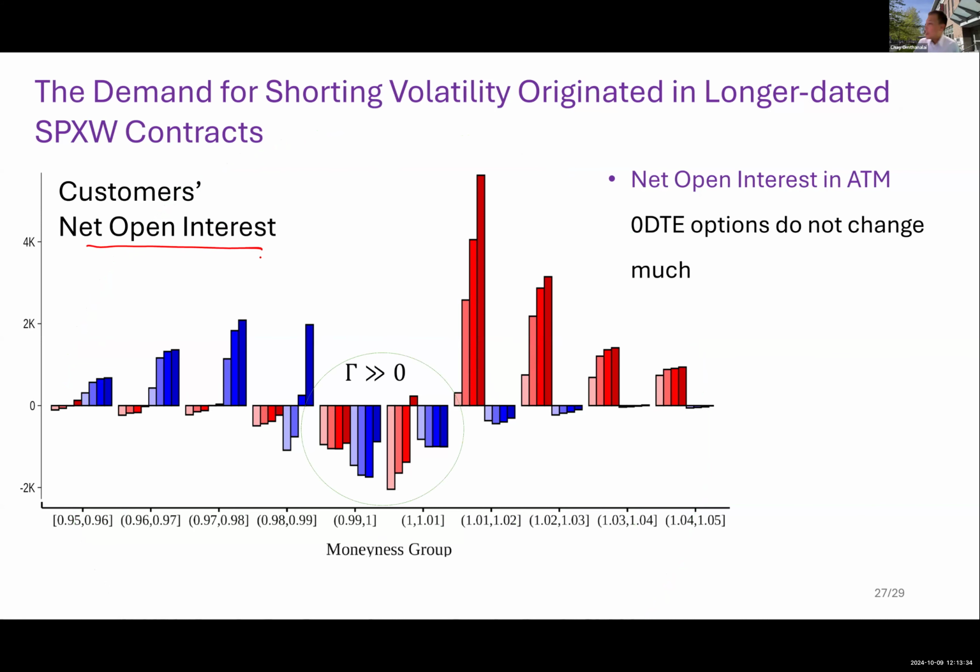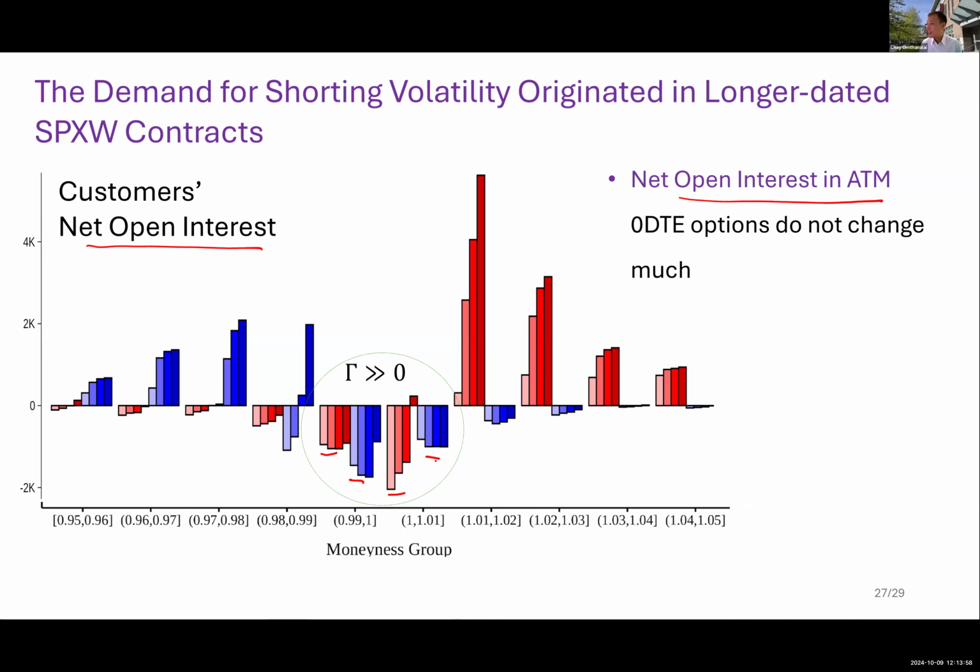You see that net open interest in ATM doesn't really change much on the day of expiration. So this gives us some kind of indication that they must have entered into the day with already a short volatility bet prior to the day of. And we have this result to prove it.